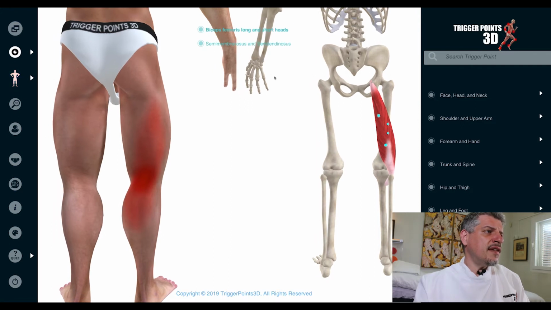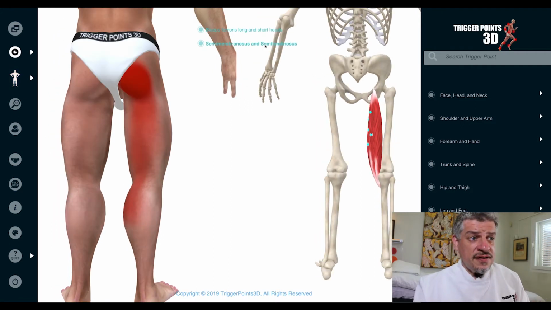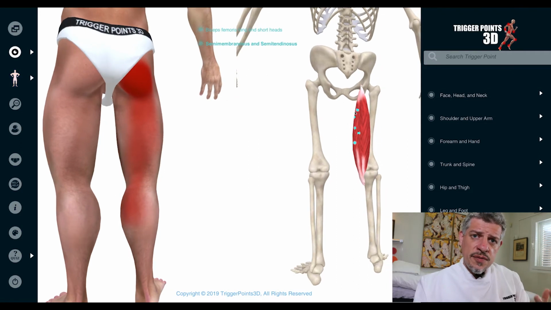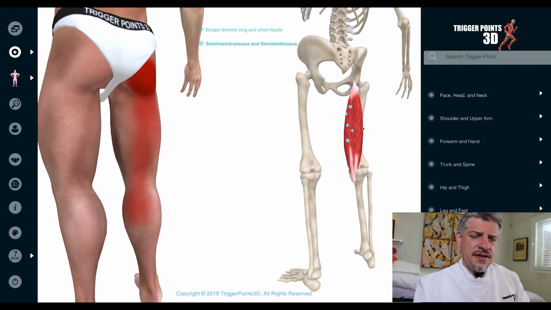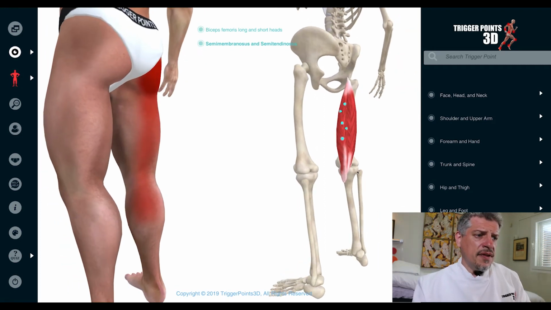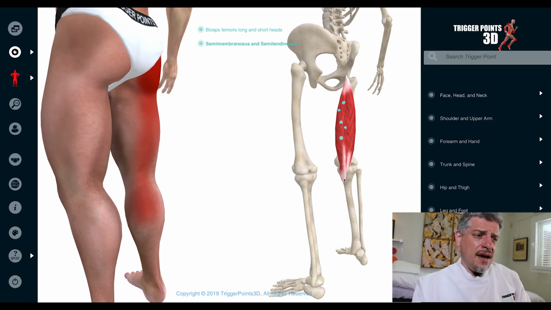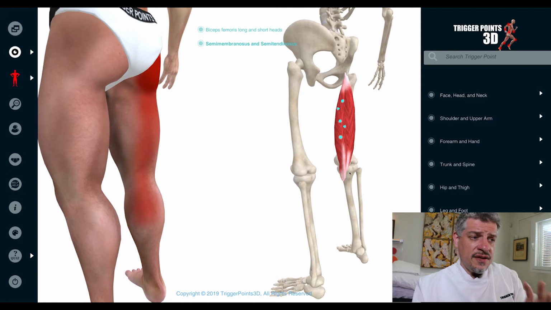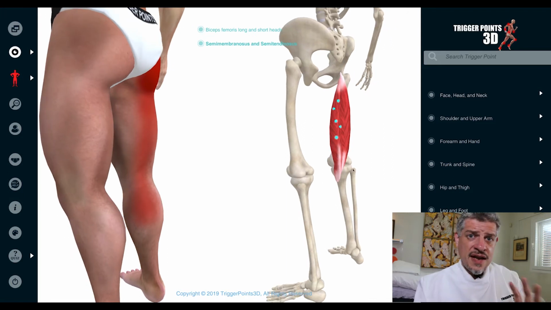Whereas the semimembranosus and semitendinosus come medially. Semimembranosus is a little more superficial. Semitendinosus is deeper, and they both insert into the tibial condyle, but the semitendinosus is a little lower, and it inserts together with the gracilis and the sartorius muscle to form the pes anserinus.